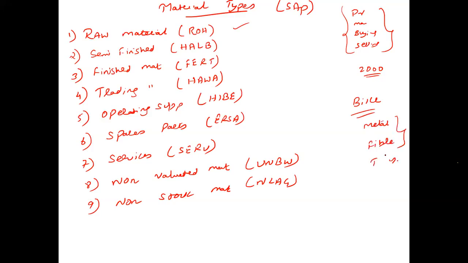You're going to melt the metal and design the bike parts. So this metal is considered as a raw material. You're going to buy the raw material and convert it into a semi-finished material or parts of your bike using the manufacturing team. That is nothing but the raw material.